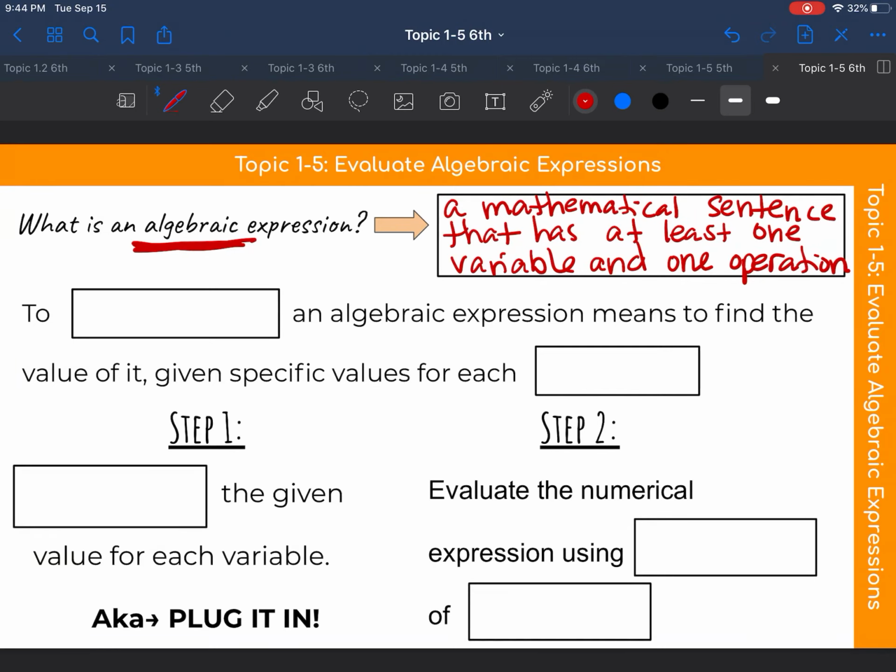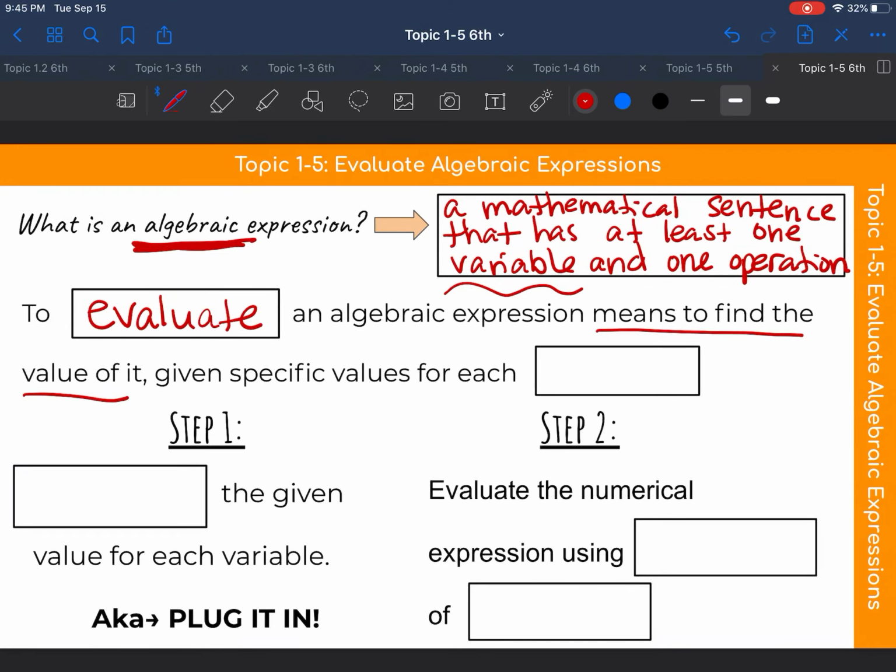So today, we're going to evaluate algebraic expressions, which means solving them. To evaluate an algebraic expression means to find the value of it. Okay, so we're solving an algebraic expression. But remember, if it has variables, that means that we have unknowns.